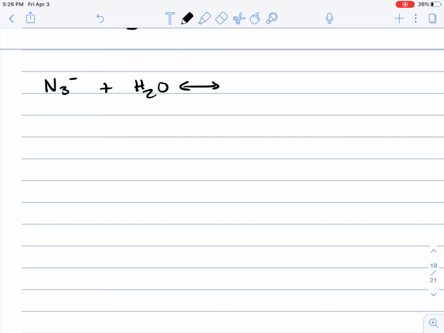And so N3⁻ is a base, a negative charge, Lewis base. And so bases extract a hydrogen from water. And if you take one hydrogen from water, you're just left with OH⁻, and that hydrogen goes back to N3. And so this is going to be HN3. Okay.